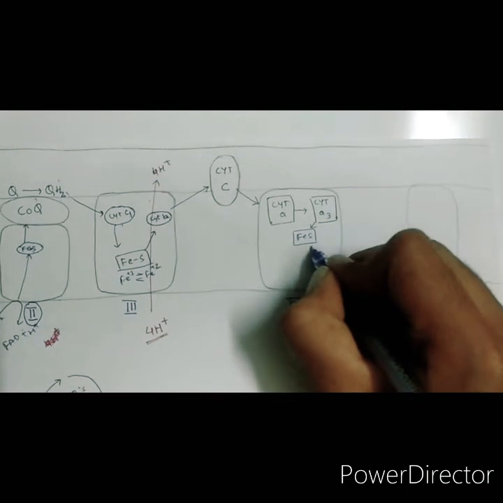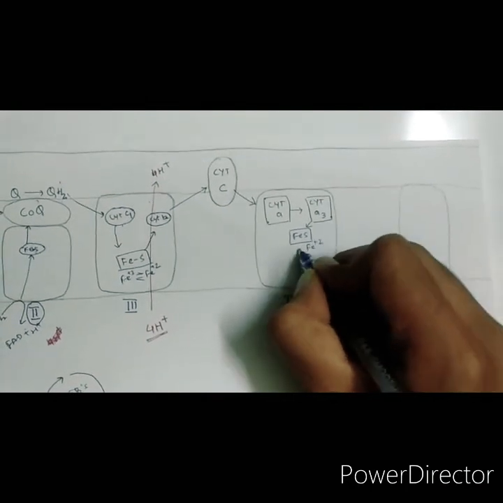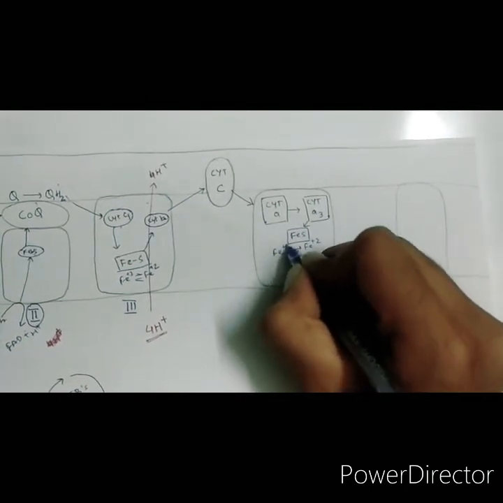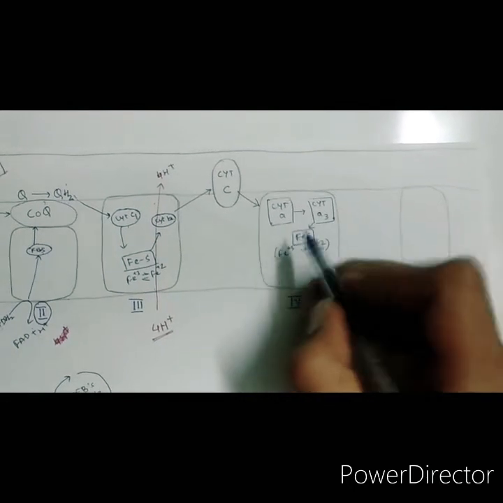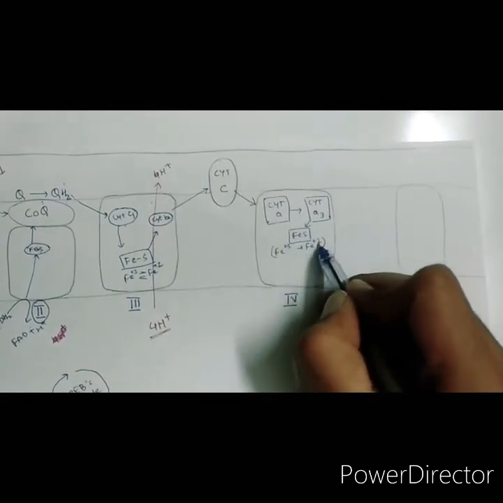So these iron sulfur proteins get reduced, after gaining the electrons, from the ferric to the ferrous form.